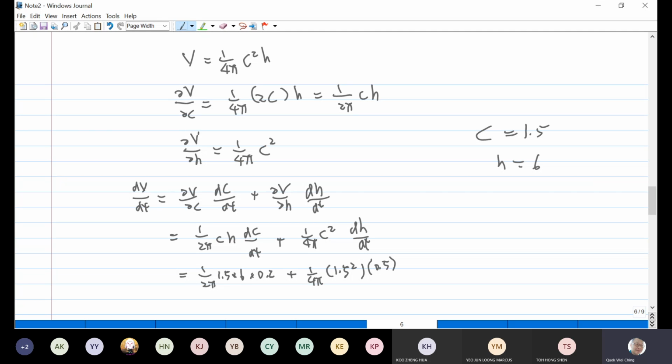So it's 1.5 times 6 times 0.2, and this is actually divided by 2 pi. Okay, first term is 0.2865.